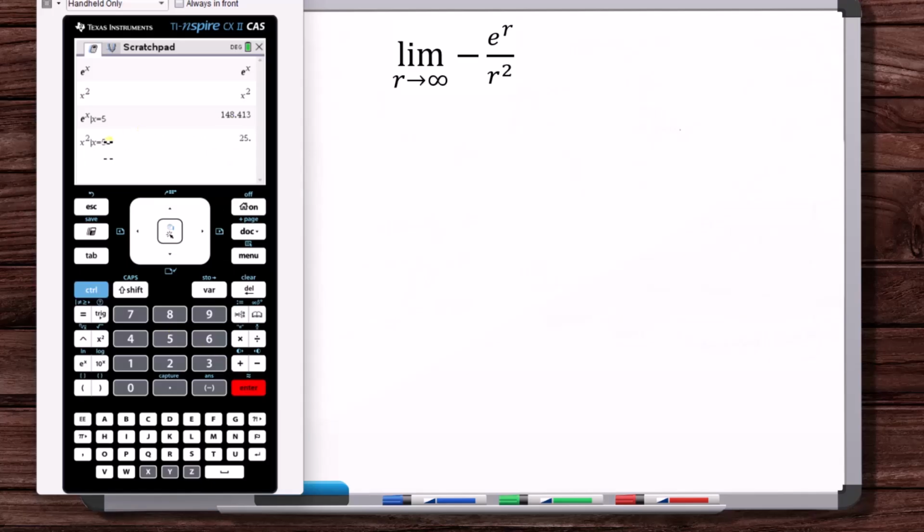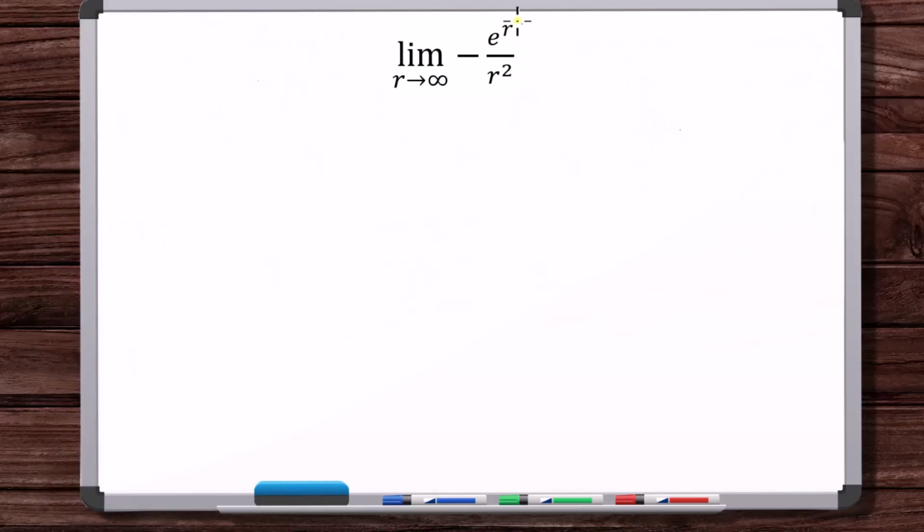Right, well, look, there you go. That's just when the input has gone up to 5. Imagine if we're going to infinity, right? We could take this and plug in 100. Now let's plug in 100. Yeah, so this exponential here, e to the r, rises significantly faster than r squared.